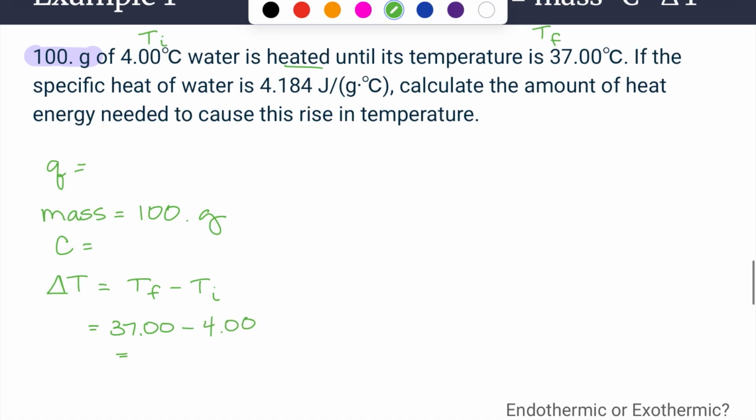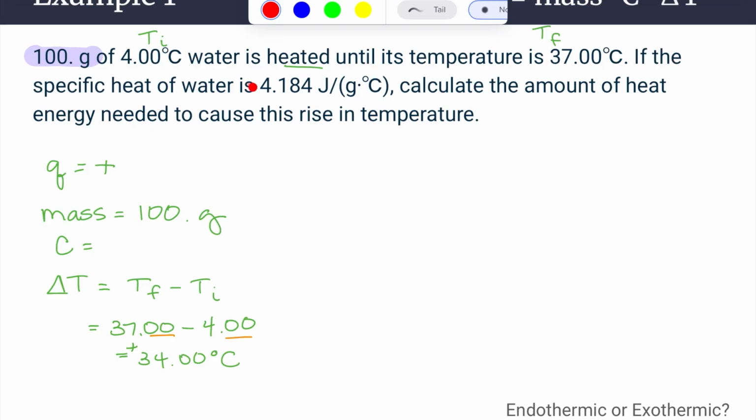Remember, when we're subtracting, we look at digits after the decimal. And so we have 34, and then we keep 2 digits after the decimal. Degrees Celsius, that's our change in temperature. And this is a positive value, meaning that's going to result in us having a positive heat value.